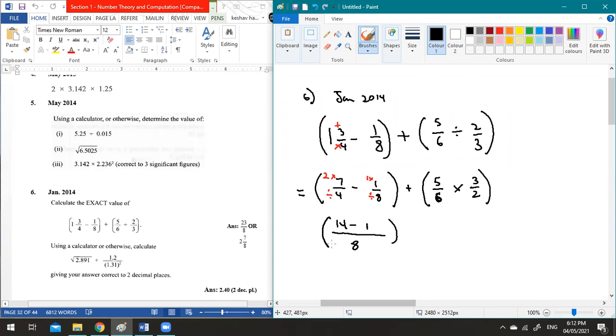And again, you leave it in brackets until you finish. Or you can simplify here. 3 into 6, 2. 3 into 3, 1. So this next line will multiply 5 by 1 is 5. And 2 by 2 is 4.